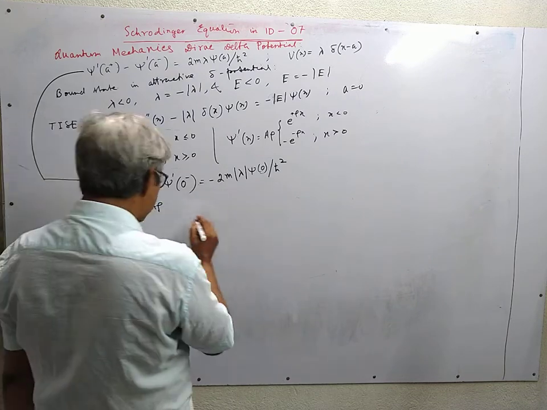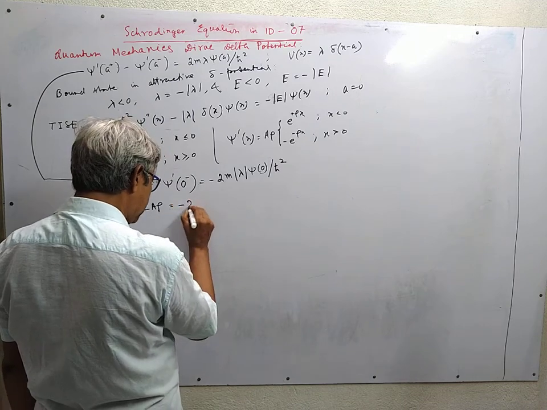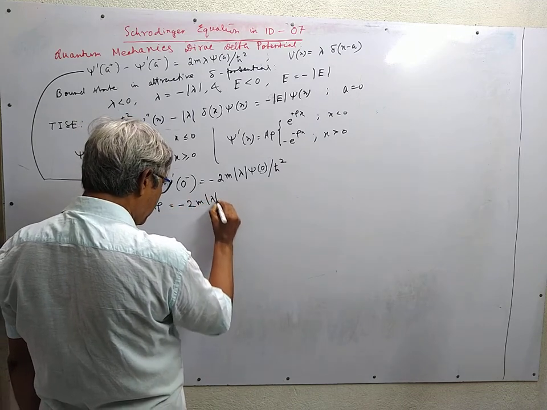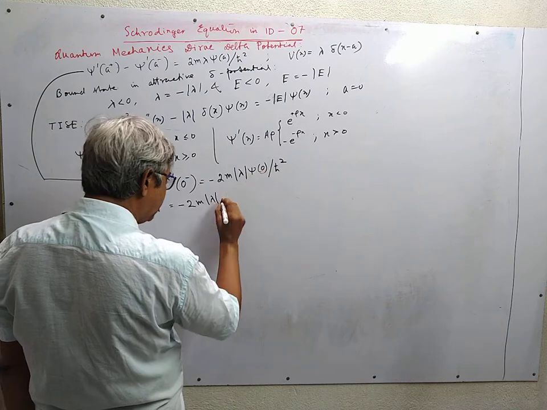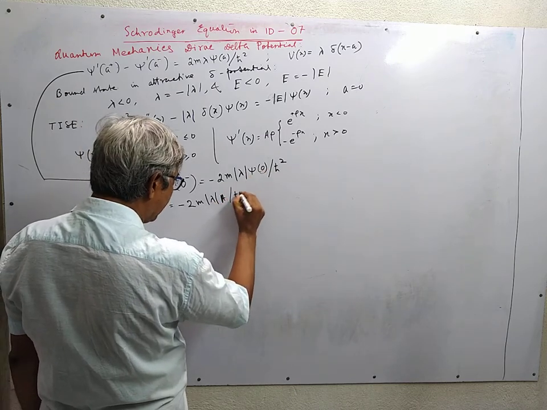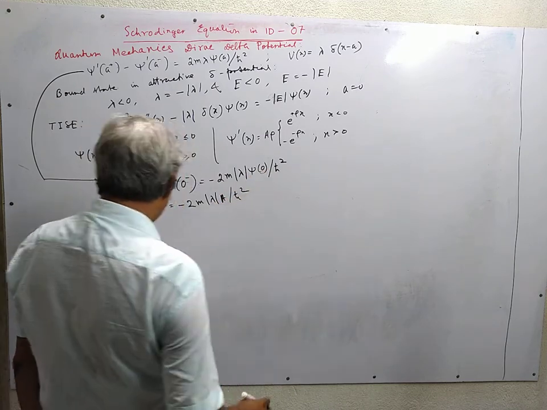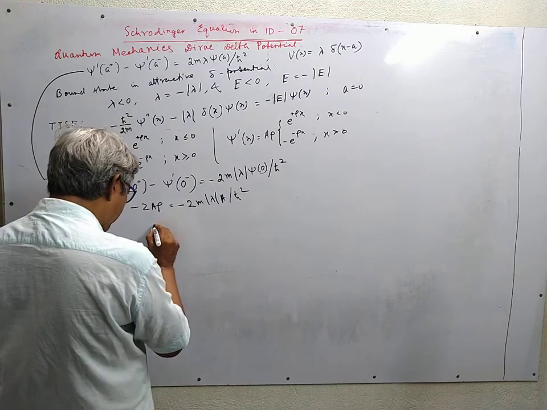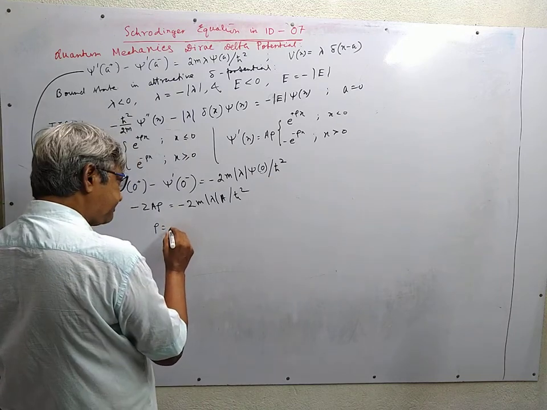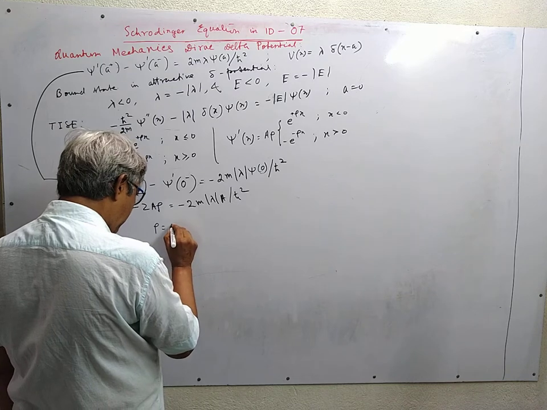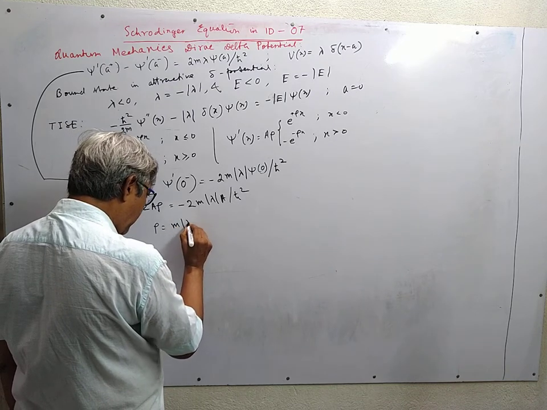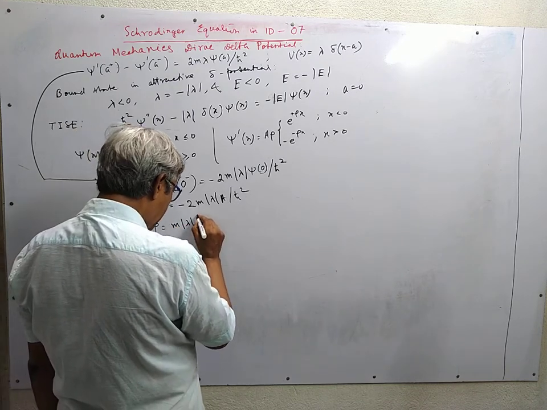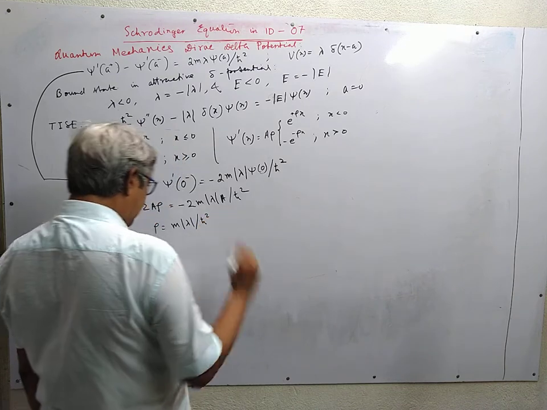And on the right hand side you will have minus 2m mod lambda, psi of 0 is a, by h line square. So a goes and minus 2 goes, so we get rho is equal to m mod lambda by h line square.